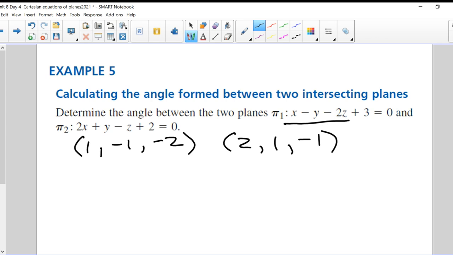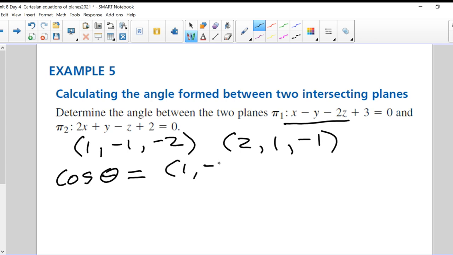So whatever angle they have between the two actual planes, their normals will also have the same angle between them. So we're going to use the formula that we learned a long time ago, like maybe 2 weeks ago. The cosine of the angle is equal to the dot product. So we'll take the two dot products.